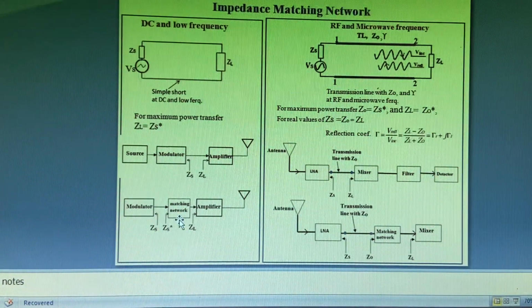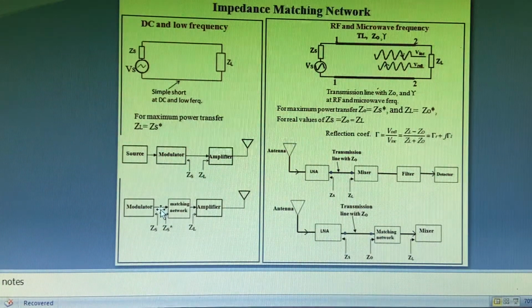Assuming this matching network is lossless, the modulator will transfer maximum power to the matching network because it sees a load impedance which is the complex conjugate of its output impedance. Assuming this is a lossless network, maximum power will be transferred to the amplifier. So wherever it is impossible to have a load impedance matched with the source impedance, we can introduce a matching network to match the load with the source impedance.